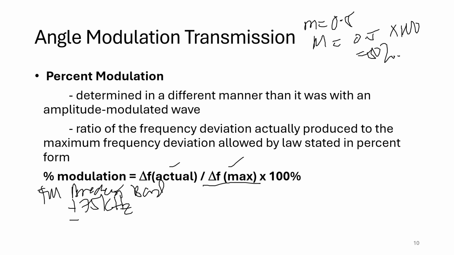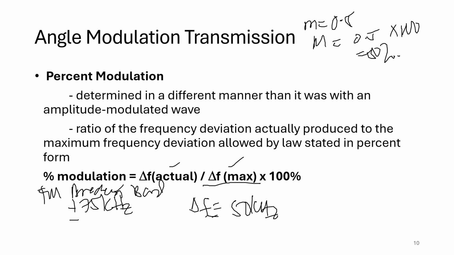So how do we solve for the percent modulation? For example, a signal produces, we have computed, an actual frequency deviation of a certain application, and it happens to be 50 kilohertz. This is the actual and this is the maximum.